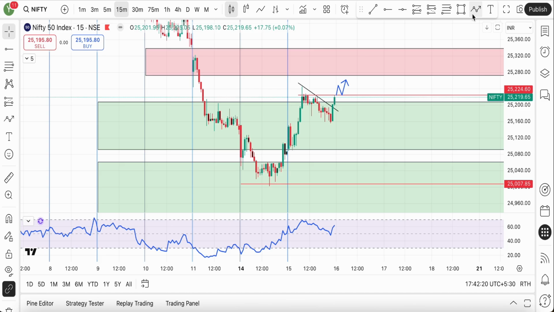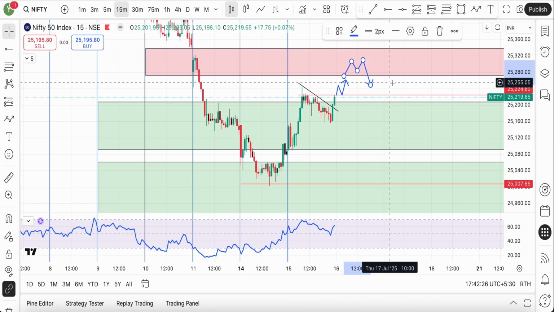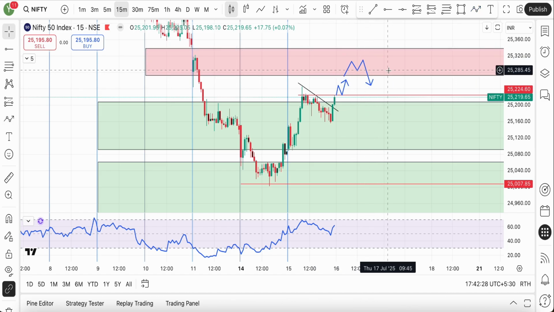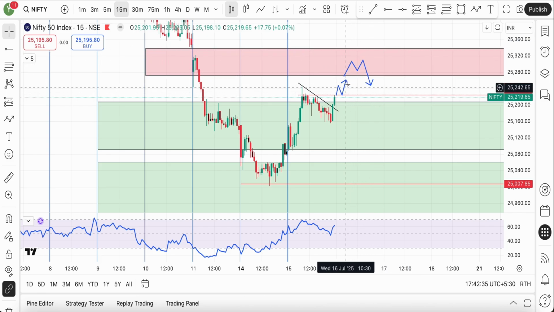Around these levels, I will look at price action very, very closely, and if I see a bearish price action, I will take a short entry around here. Now, I have drawn this, but it does not mean that the moment price touches here or reaches these levels, we create a short position. Absolutely not.